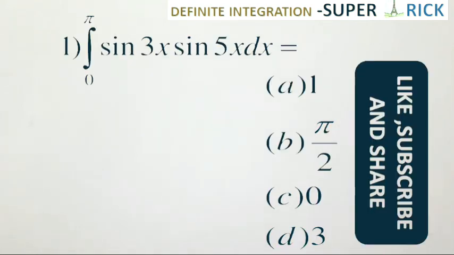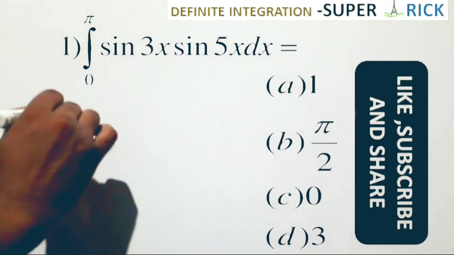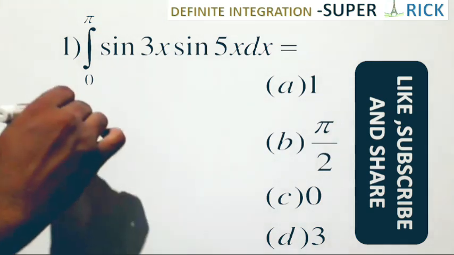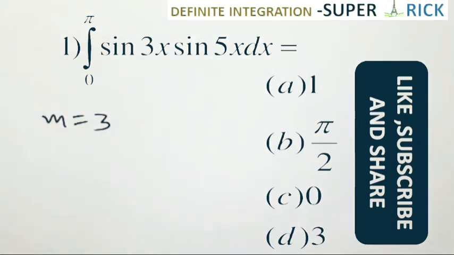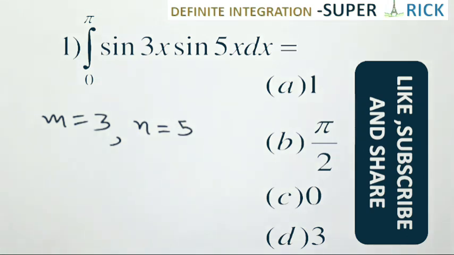So let's solve some questions. Here it is, the first question: the integration from 0 to pi of sin 3x into sin 5x dx. What will be the value of this integration? Here you can see that m is equal to 3, and n is equal to 5.